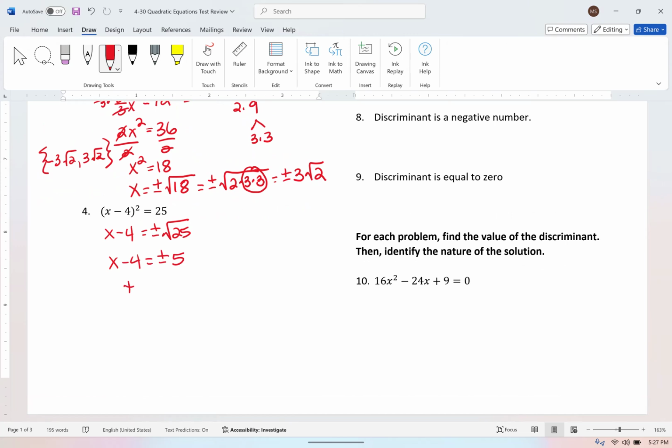Then we have to add 4 to both sides to get rid of the minus 4. So this is 4 plus or minus 5. That means we're going to do 4 plus 5, which is 9. And then we're going to do 4 minus 5, which is negative 1. So the solution set, negative 1 and positive 9.